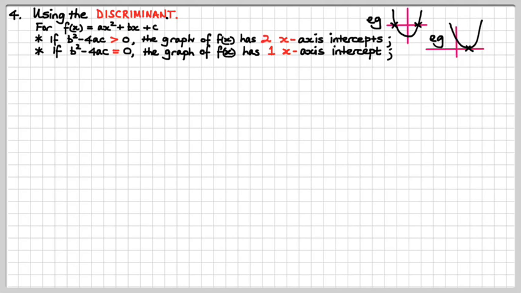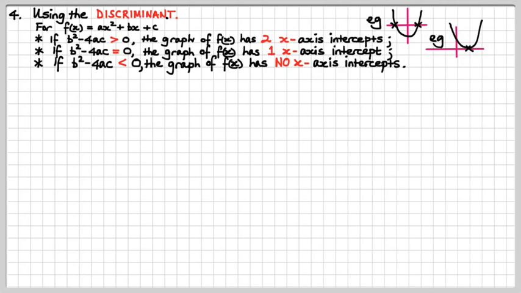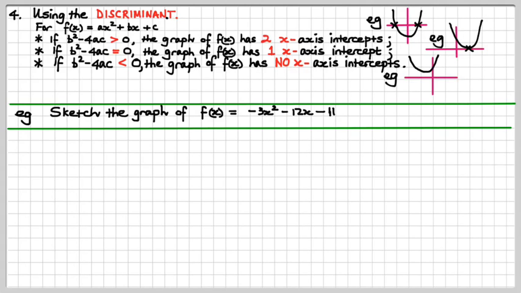These quadratics are interesting little beasties. If b squared minus 4ac is less than naught, you can't have the square root of something less than naught. It doesn't work. So we will have no x-axis intercepts, no solutions, and there's an example of that.